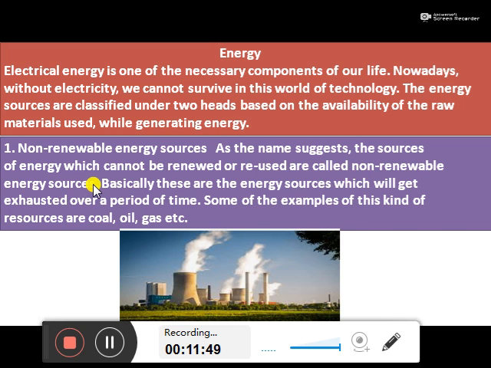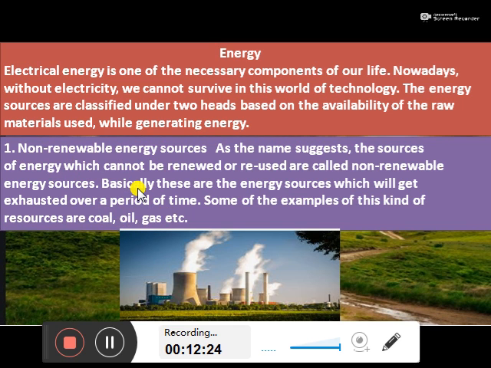Once you use the energy, that's all, finished. These sources get exhausted over a period of time. Examples are coal, oil, gas. If you burn the coal once, no use. Oil and gas are also like this. These are used once alone, so they come under non-renewable energy sources.